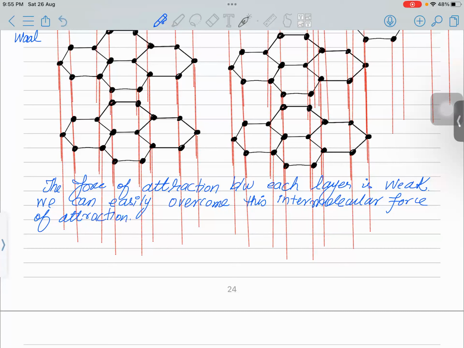That's why graphite is slippery, soft or brittle.